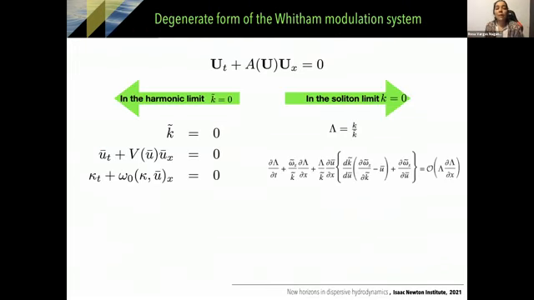So they derive, in these two degenerate cases, when the wave number goes to 0, and then when the amplitude goes to 0, the modulation equations in this simpler form, that are valid in these two limits.